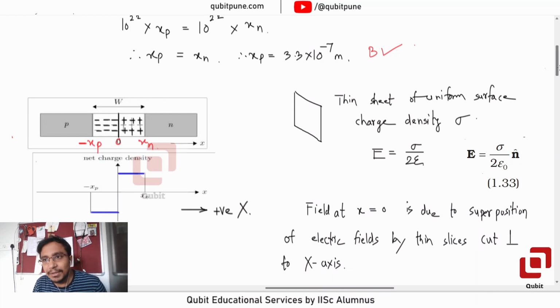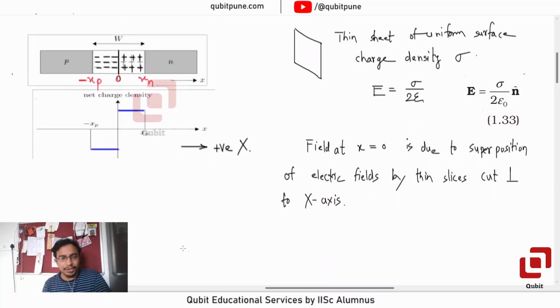So what I'm asking you to visualize is, I'm asking you to consider the depletion region like a bread loaf, like this. And this is that x equal to 0 line.